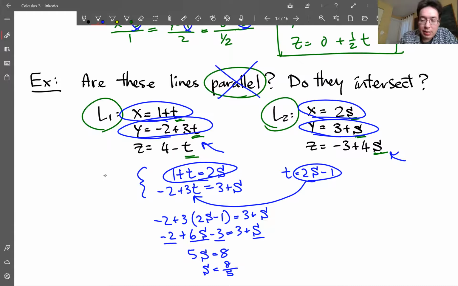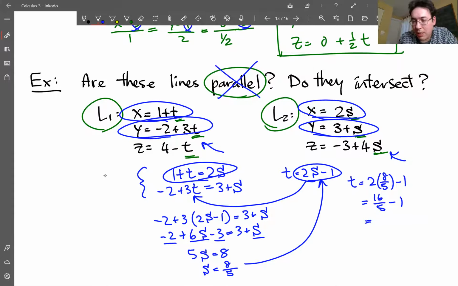Once I get s, I can plug it in to solve for t. Let's get a common denominator. Subtracting 1 is the same as subtracting 5/5. So t is 11/5 and s is 8/5.